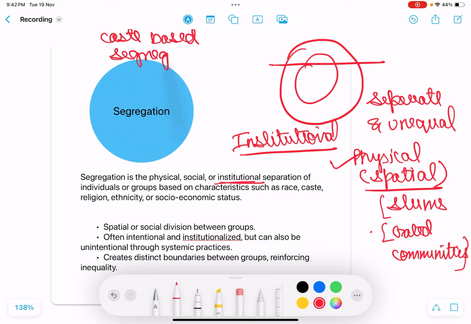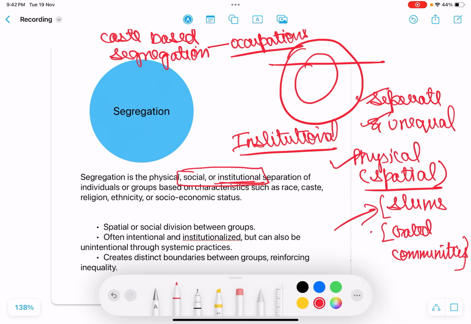So on the basis of caste, what happens is that there are different people in the classical traditional society into different occupations, and there is a social and institutional segregation, right, that is done. So often this is separate, right, and there is unequal, right? And whether that unequal is good or bad, for a lot of people often it ends up being bad. They are at the disprivileged end of it, and for some people it may even be good, right? That segregation, right, it may benefit them. So this is what we mean by segregation.